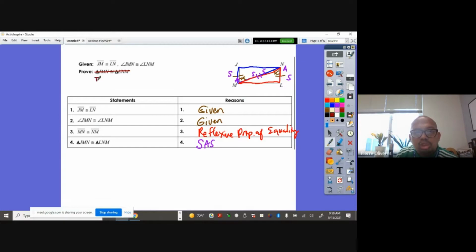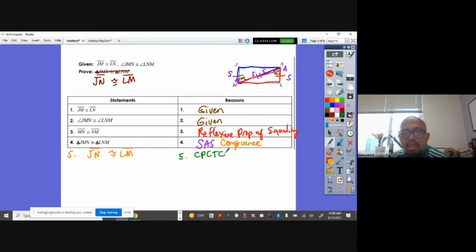Let's say we're trying to prove JN is congruent to LM. We're not going to change anything from our work here, but I'm just going to add number 5, that JN is congruent to LM. Since you have proven in number 4 that the two triangles are congruent using side angle side congruency, I can say now that the other corresponding parts, like JN, will be congruent to LM using CPCTC.